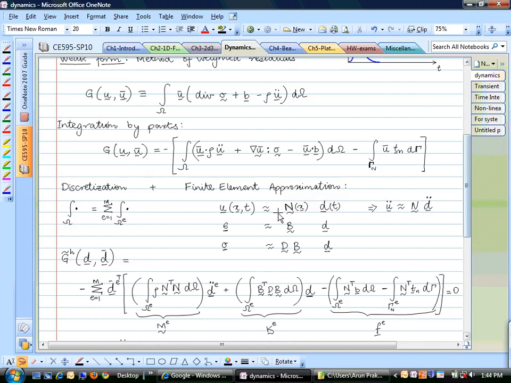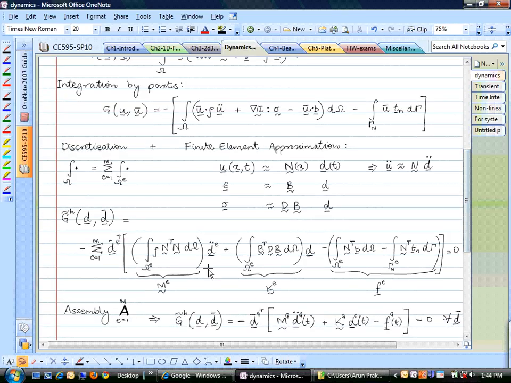So if you plug all these approximations back into the weak form, what you will see is that you get the same old thing: B transpose D B, that is our k element, N transpose b, that was our force element force vector, and N transpose traction. So all this was what we had before.